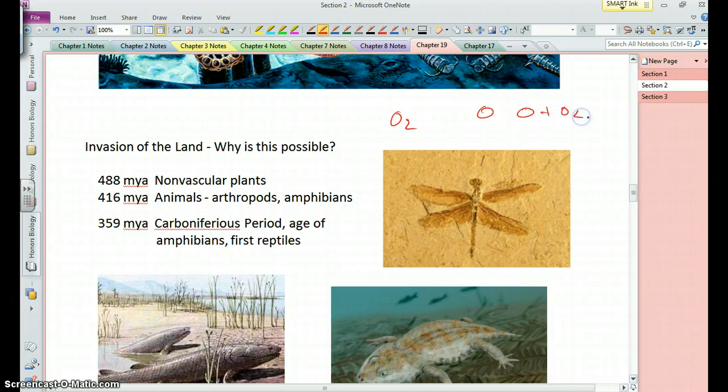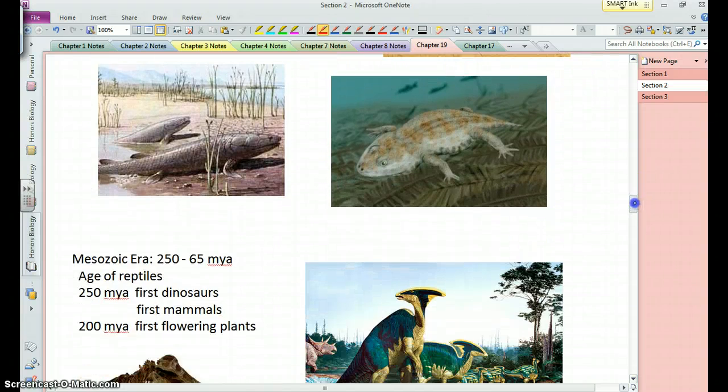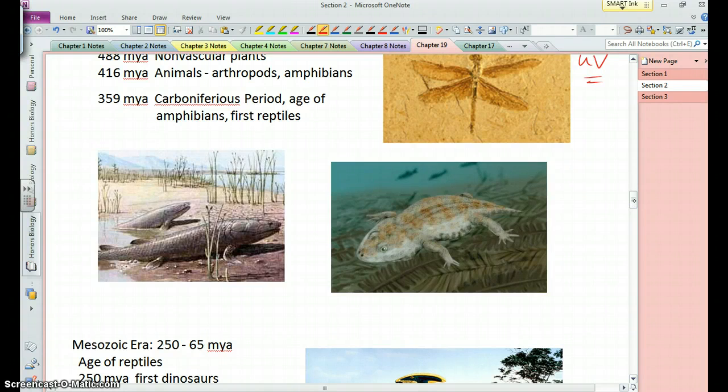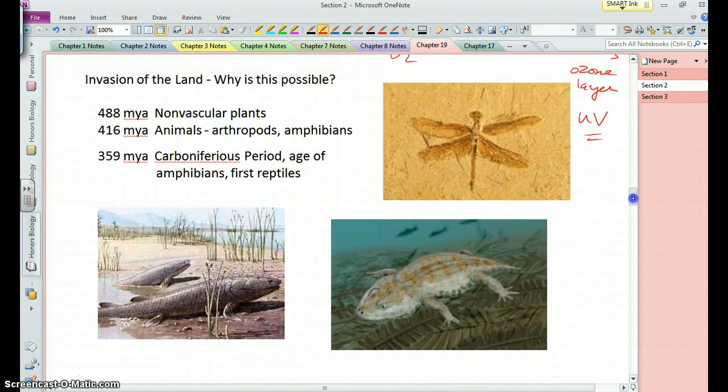Well, they tend to react with O2, forming O3, which is ozone. And you had the formation of the ozone layer, which, as you probably know, is this protective layer that blocks out ultraviolet light. And therefore, organisms are able to leave the water and start to inhabit land, because now they no longer have to worry about all that ultraviolet light.